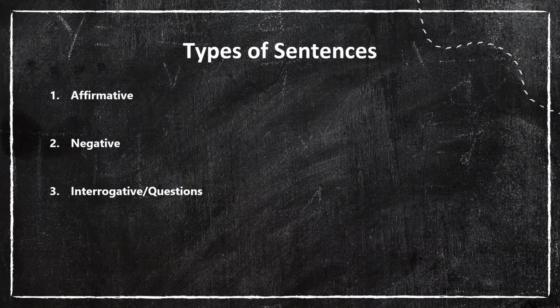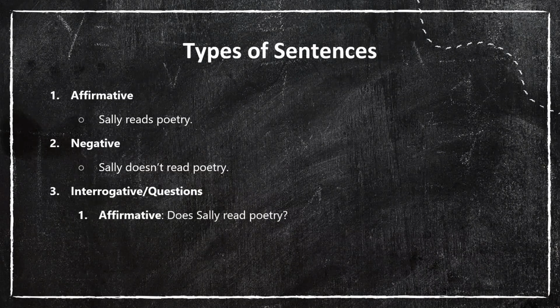For example, Sally reads poetry is affirmative. Sally doesn't read poetry is negative. We also have questions, which can also be affirmative, does Sally read poetry, or negative, doesn't Sally read poetry? Whenever we discuss a tense, we also discuss what forms they take when they are in a negative or a question sentence. So keep that in mind.